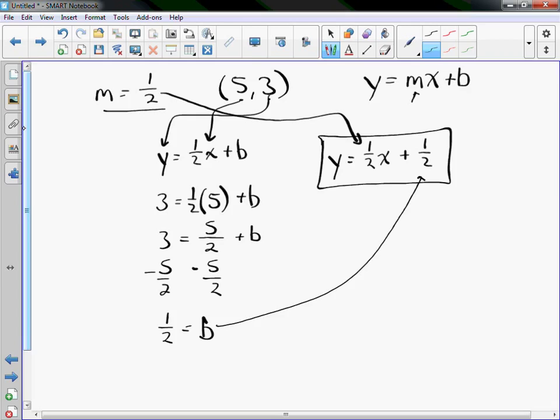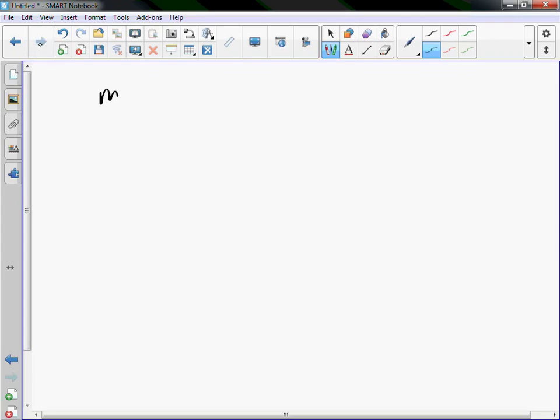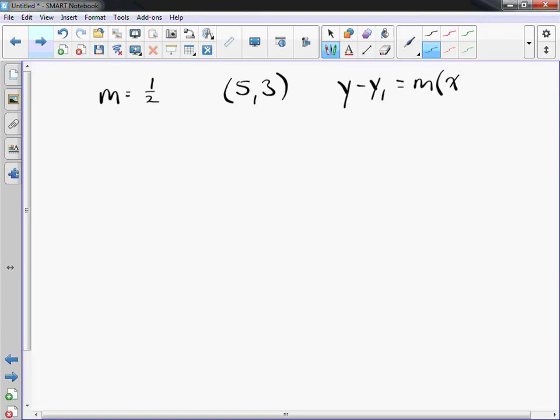Let's look at that same problem, but we'll use point-slope form. So, slope is 1/2, point is 5, 3. And we said point-slope form was y minus y1 equals m parentheses x minus x1. We'll just plug in the things we know. We don't know y, but we know y1.